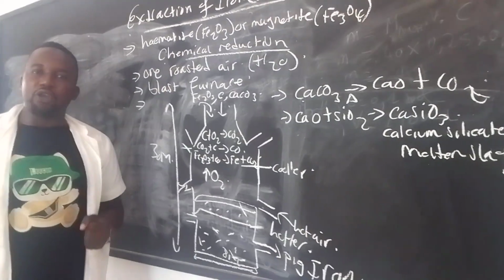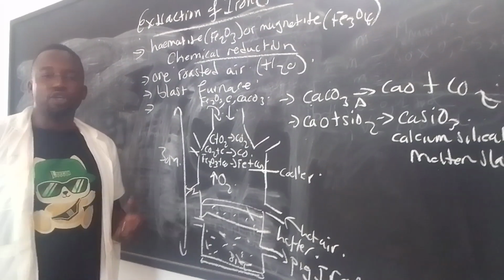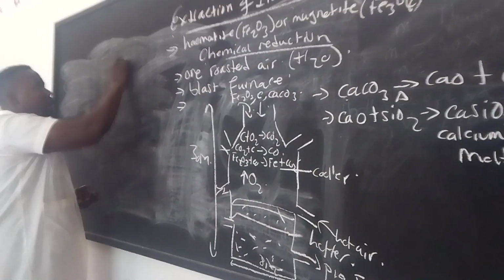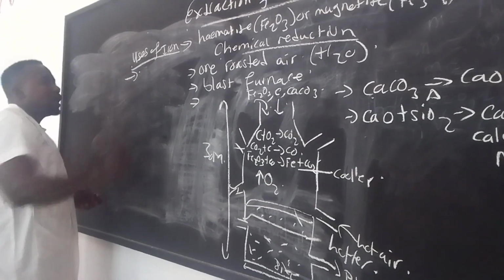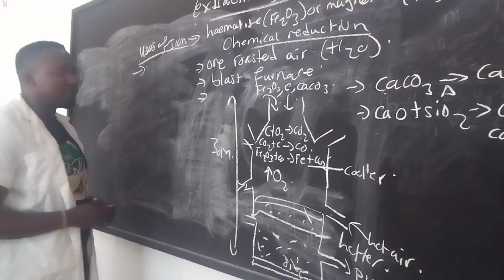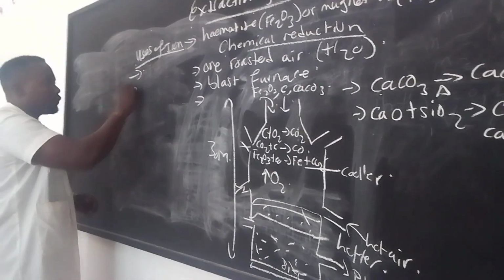If we extract iron, it's because it has so many important uses in society. So we are going to take some uses of iron. Iron is used to manufacture agricultural implements like cutlasses and hoes. That is the first use of iron.